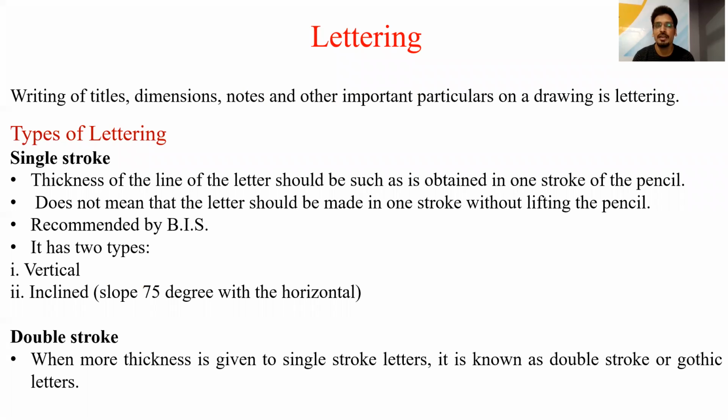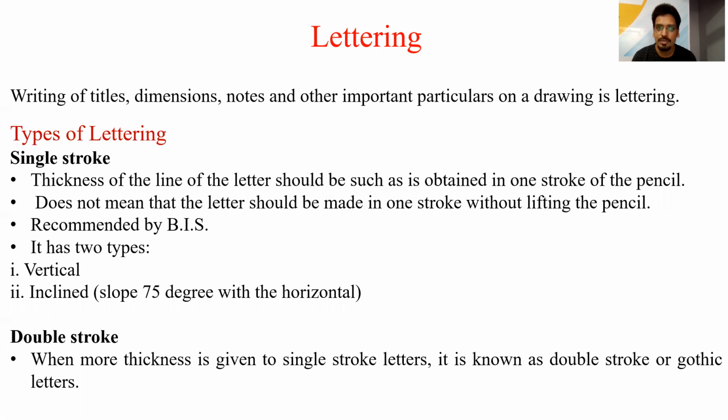It doesn't mean that we are writing a letter without lifting our pencil. We can lift our pencil and start writing again. And this is the lettering that is used by Bureau of Indian Standard, BIS.